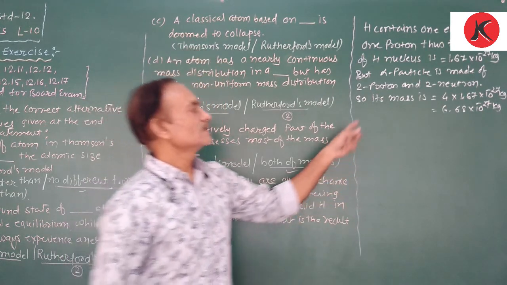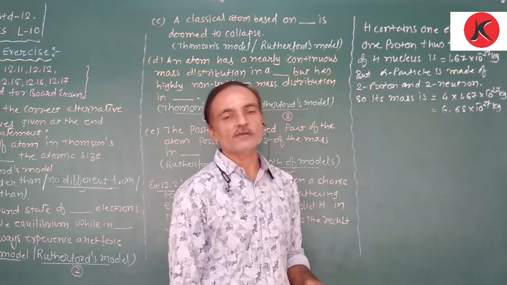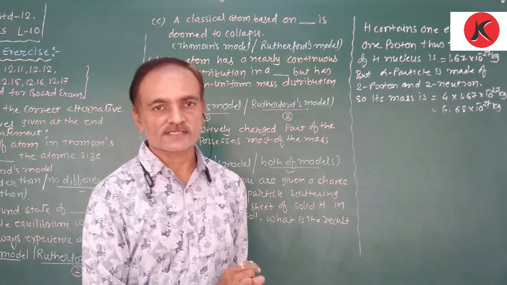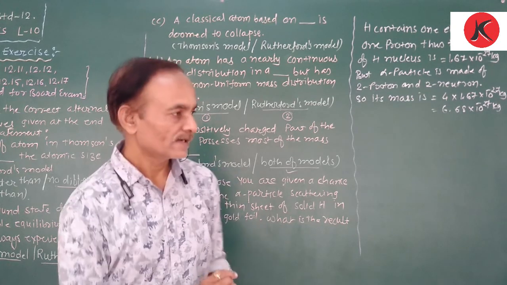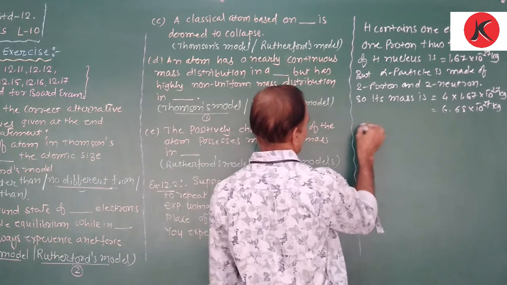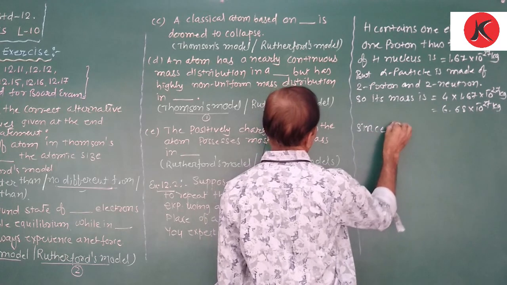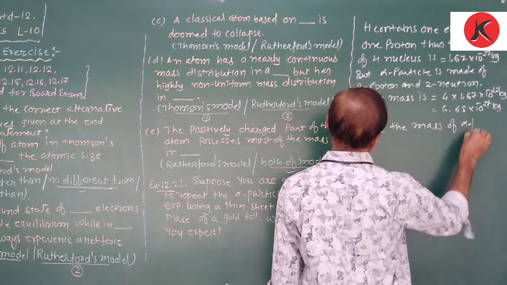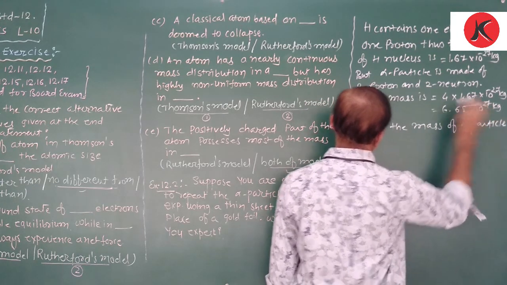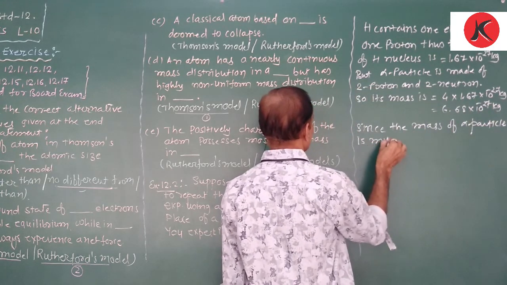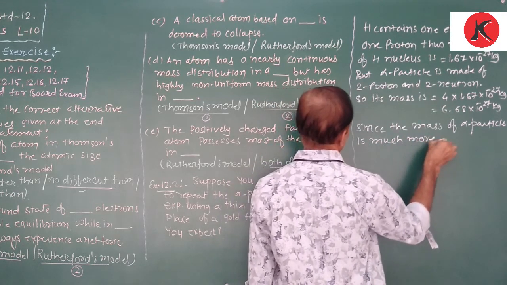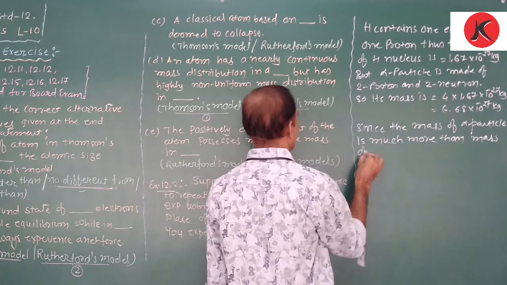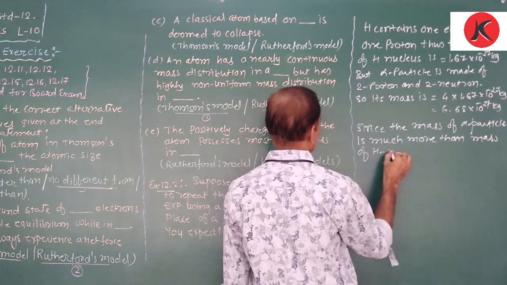So when this alpha particle is incident on the hydrogen atom, it passes through the hydrogen atom without diverting, since the mass of the alpha particle is much more than the mass of the hydrogen nucleus.